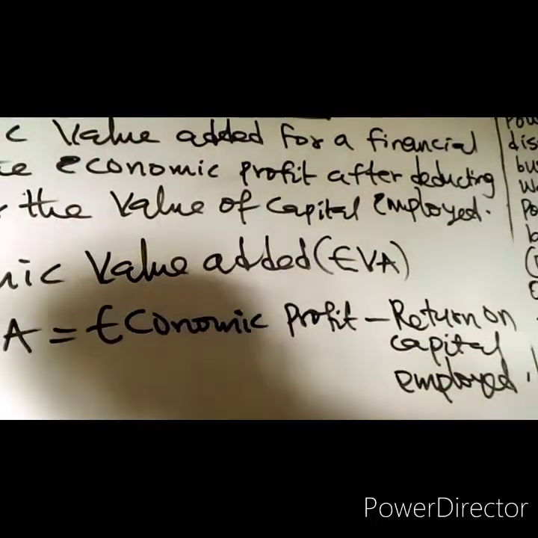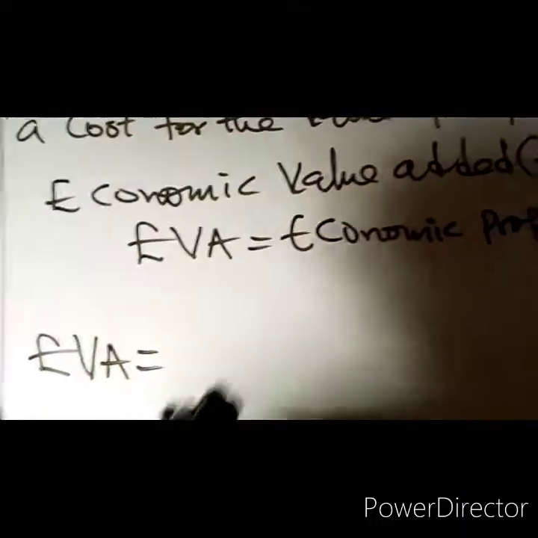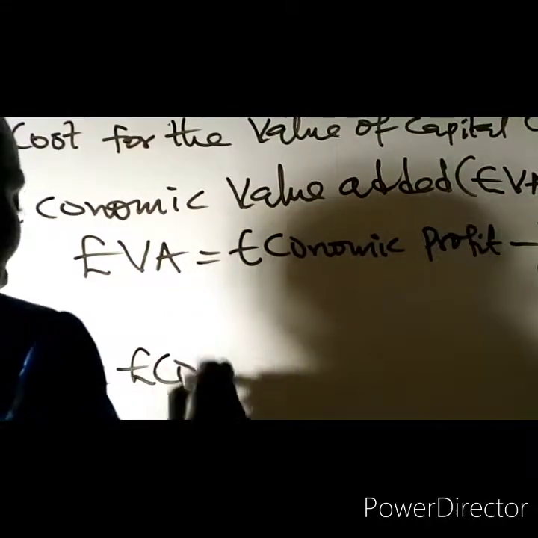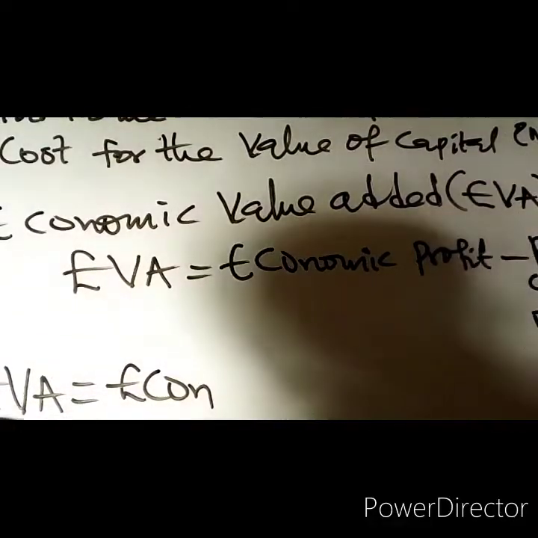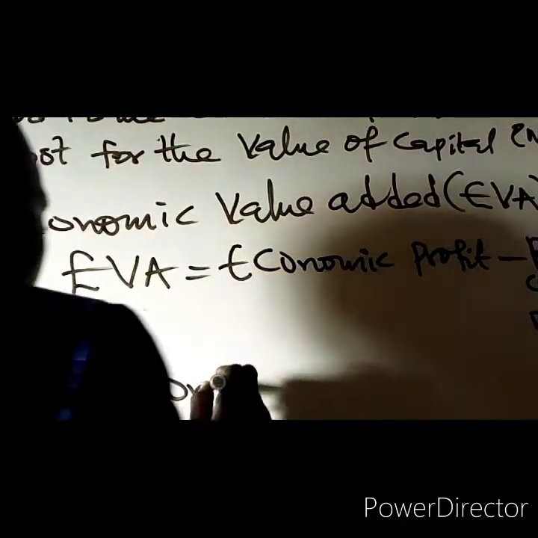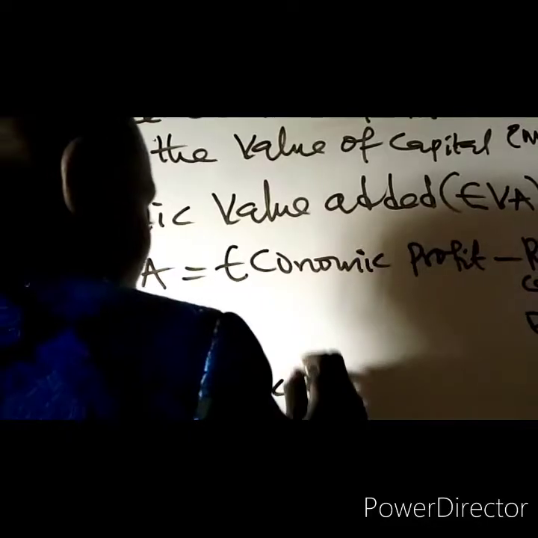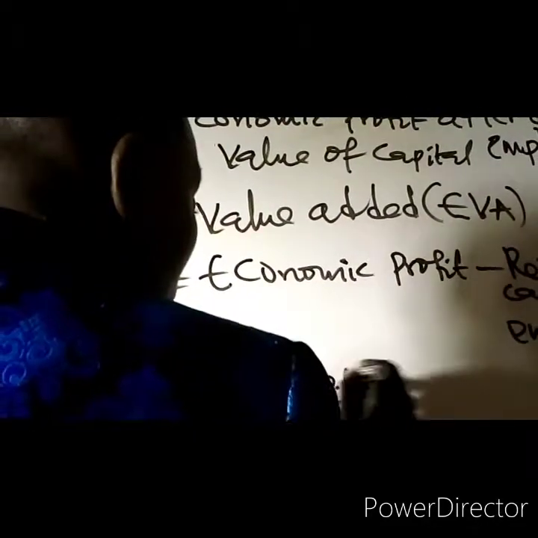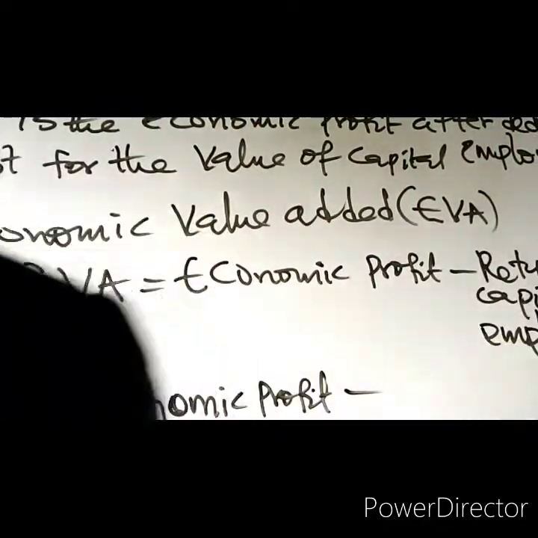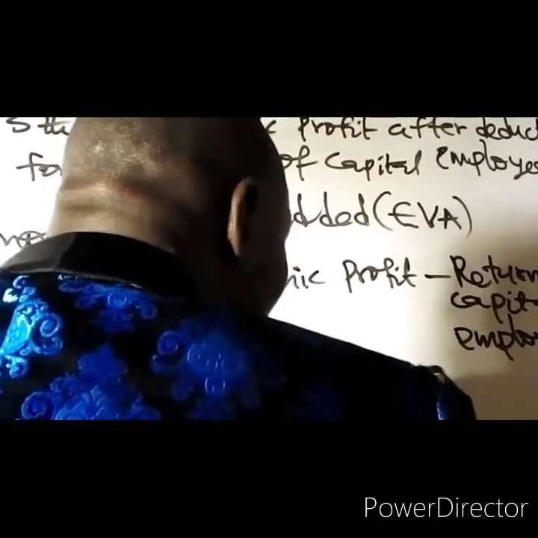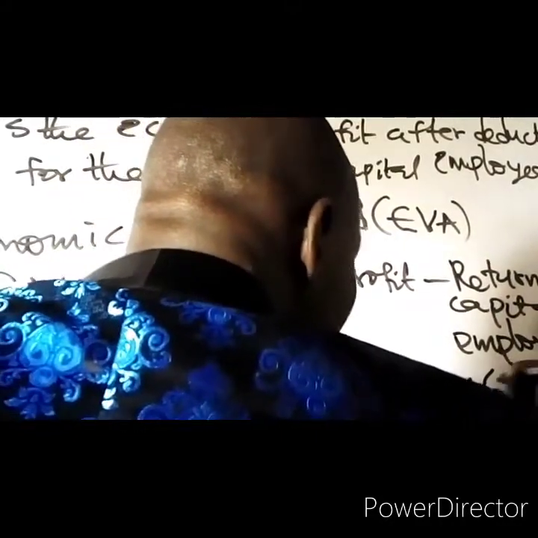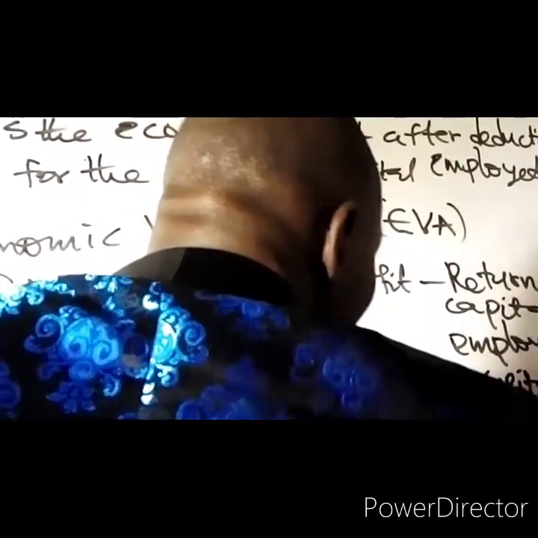That means EVA equals economic profit. The profit to consider or to use should be the economic profit, minus the return on capital employed. Return on capital employed will be the weighted average cost of capital times capital employed.